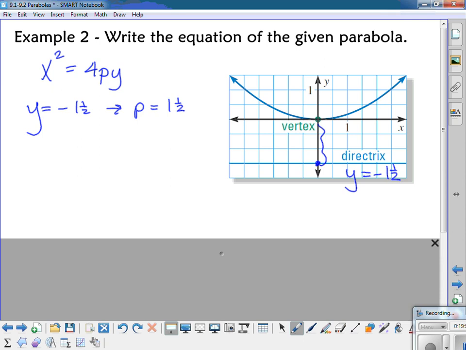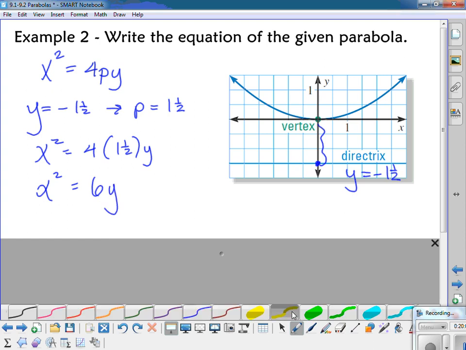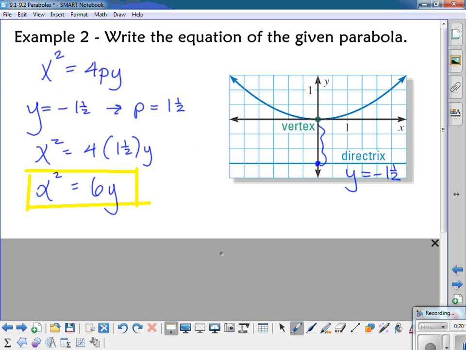And so then you just plug it into the equation. x squared is going to equal 4 times 1.5 times y. And so if you multiply 4 times 1.5, you get 6. And so x squared equals 6y would be the equation for that parabola.